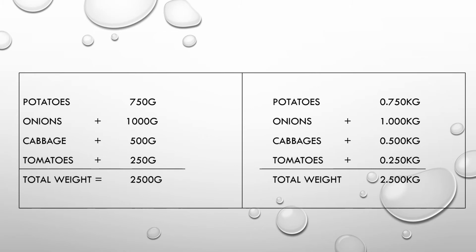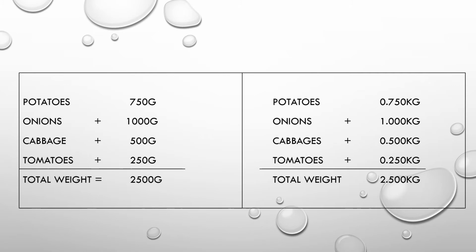Now we will add this: potatoes 750 grams, onions 1000 grams, cabbage 500 grams, tomatoes 250 grams. So total weight is equal to 2500 grams. The first part is showing the weight in grams, whereas the second part is showing the weight in kilograms.